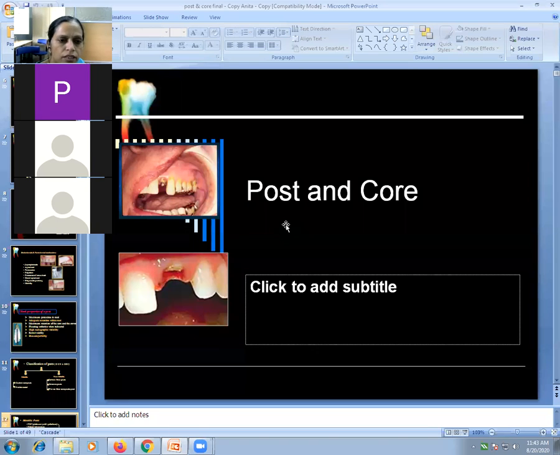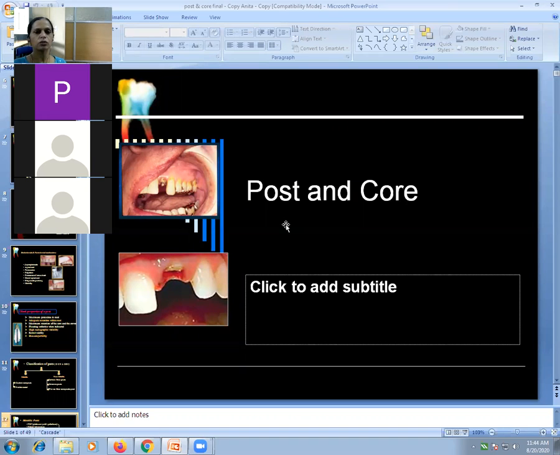Isn't it? Yesterday we also saw the classification of posts. Posts are metallic or non-metallic, depending upon the material of which they are made. The next classification depends upon the shape of the post, whether it is parallel or conical. Parallel posts have more retention than conical posts, but they create more stresses in root dentin.